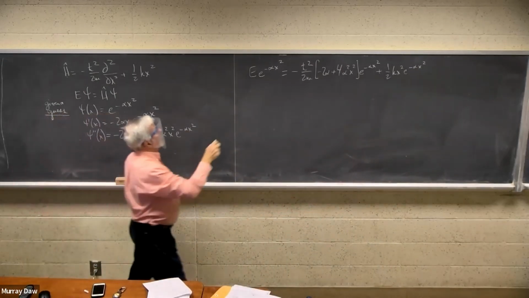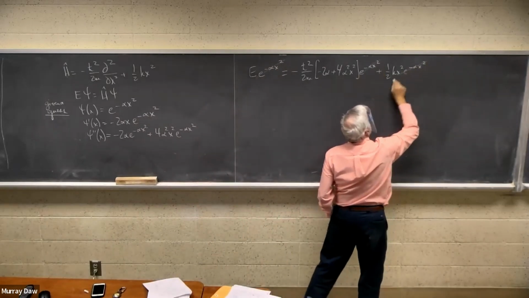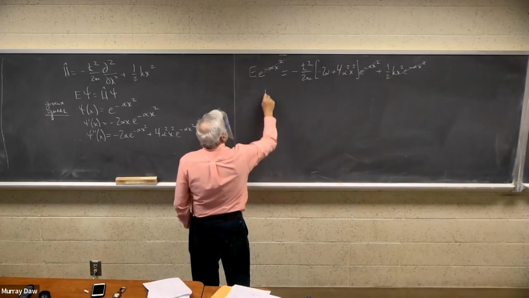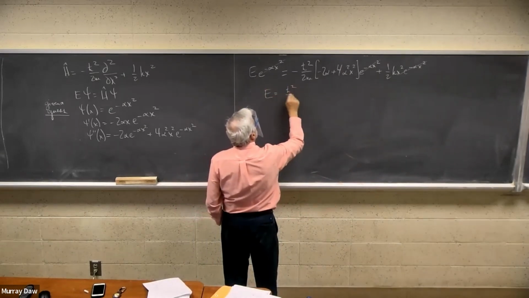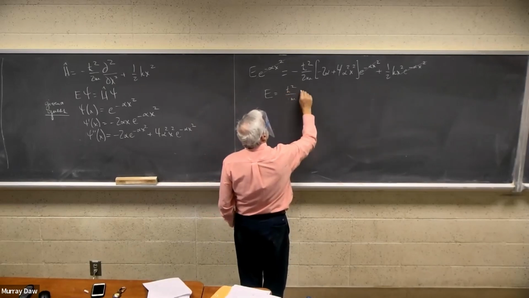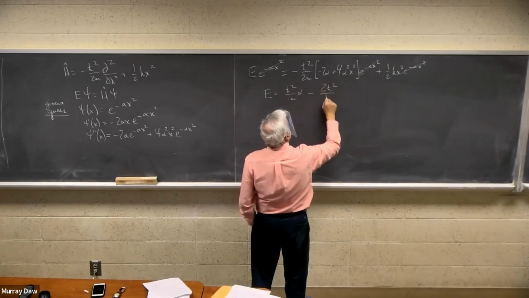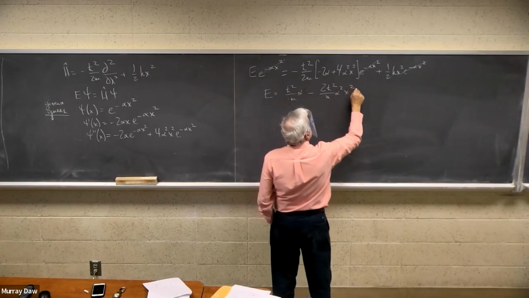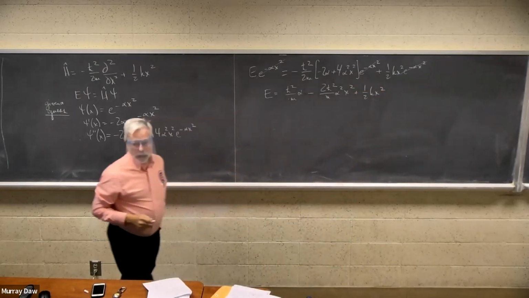So some people correctly noted that they could cancel the exponential everywhere because it's not zero. Write down an equation like this. Cancel it out here. Minus 2h bar squared alpha squared x squared plus 1/2 x squared. And we leave it like this. That's where they would end.